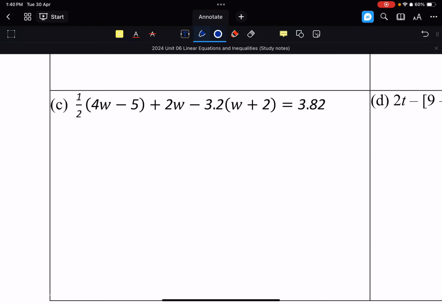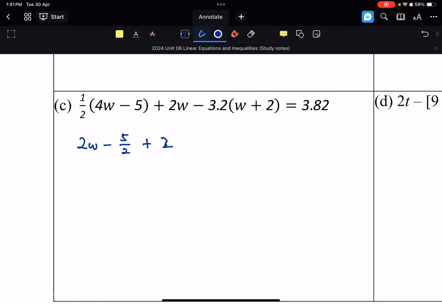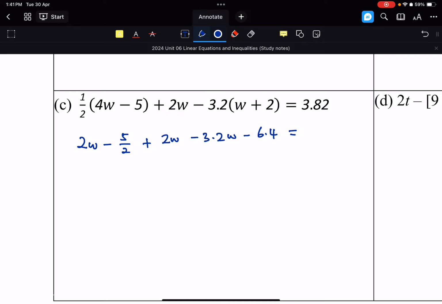Moving on. Some decimals thrown in, don't worry. The procedure is still the same, right? So what we have here is we're going to distribute the half in. So we have 2w minus 5 over 2 plus 2w. Let me write that properly. 2w, then minus 3.2w minus 6.4, equal to 3.82, right?